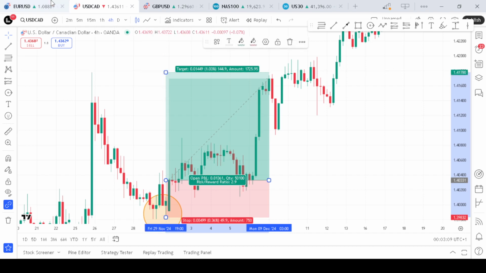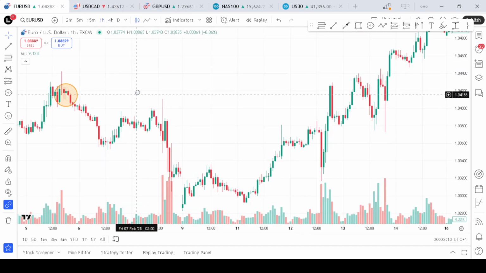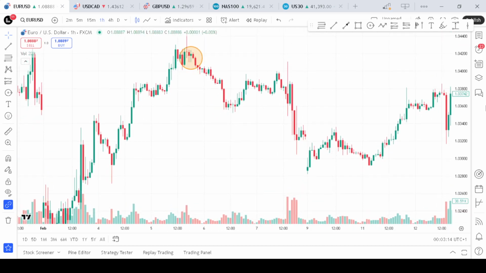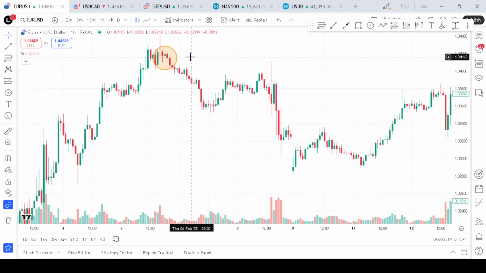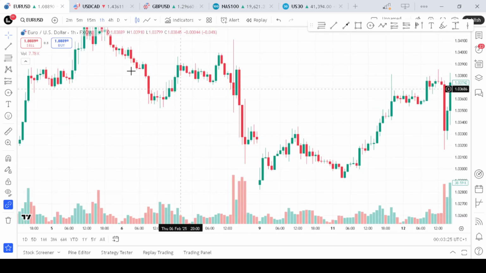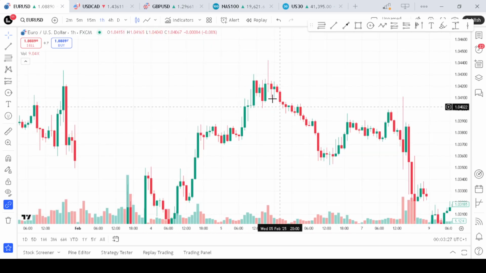Now for a hanging man, you are looking for a bearish confirmation. Let's not forget, after we see our hanging man candlestick pattern, we look for a bearish candle that closes after that. And as we can see, after our hanging man here, after this candle, we saw a bearish confirmation.